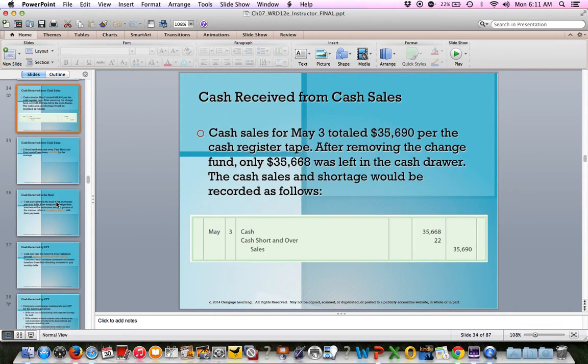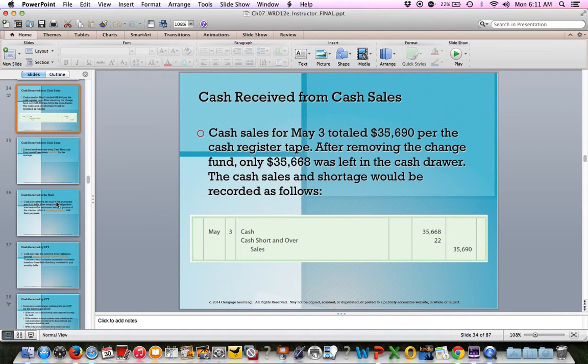And so here's an example. This company had cash sales on the day of May 3rd of $35,690 per the register tape. This is probably just for every register that day. After counting the change, I mean taking out the change drawer fund, that came up with $35,668 left over, with a $22 difference.